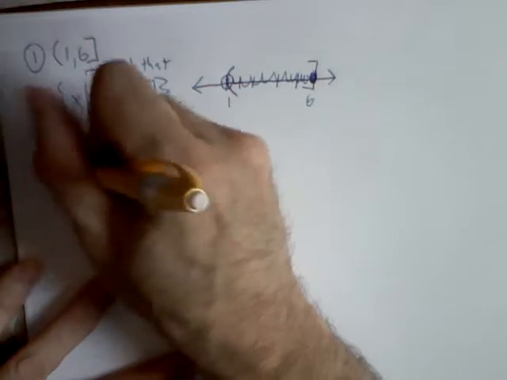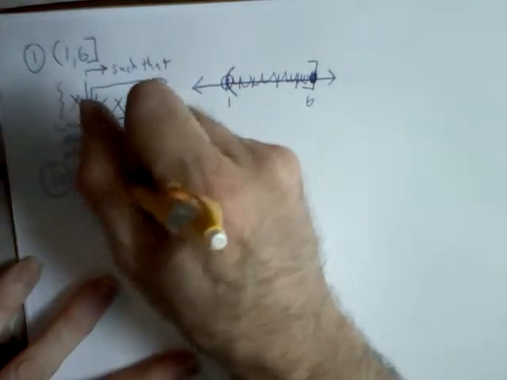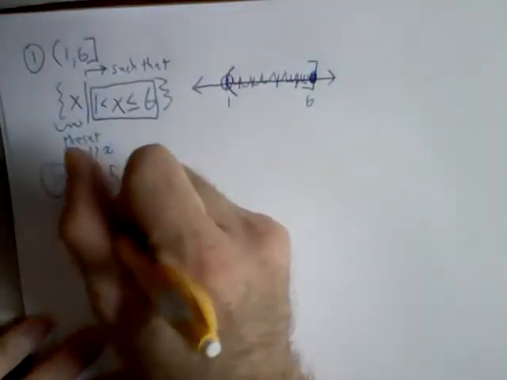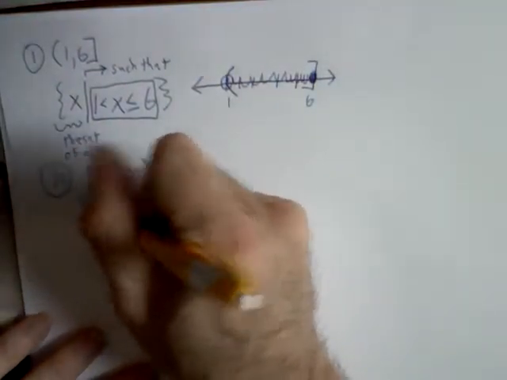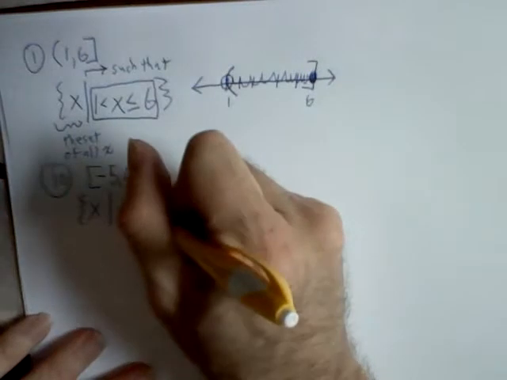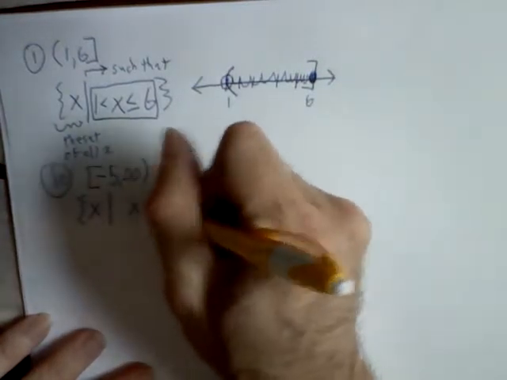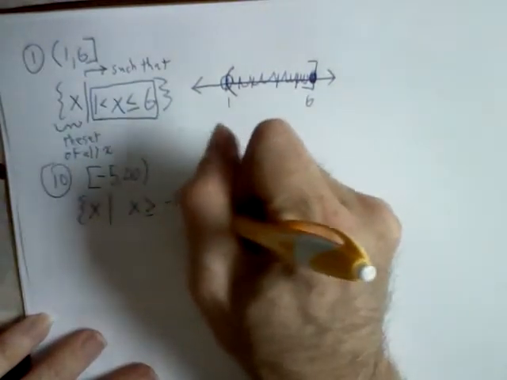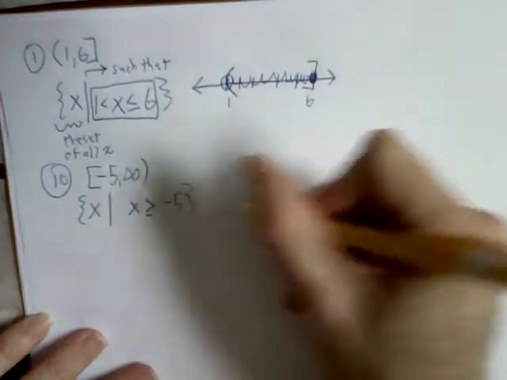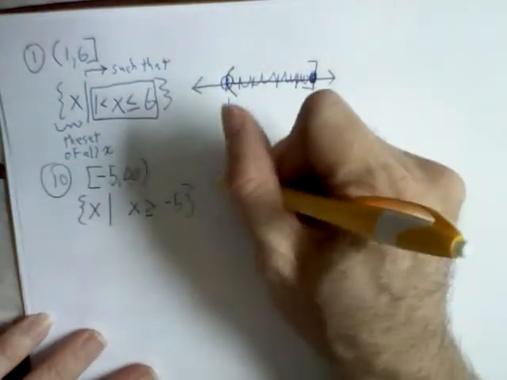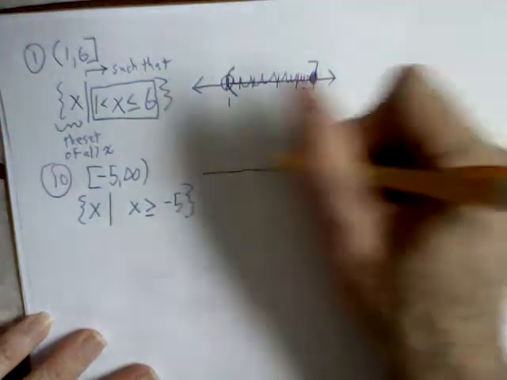Okay, let's look at another. This is number 10. We're going from -5 to infinity. So in set builder notation, we would write the set of all x such that x is greater than or equal to -5. Okay? And if you're unsure about the inequality to use, I recommend using the number line.